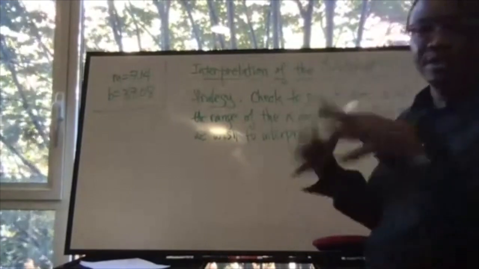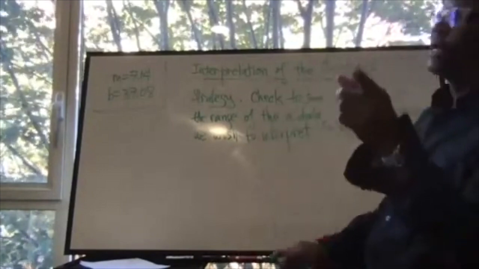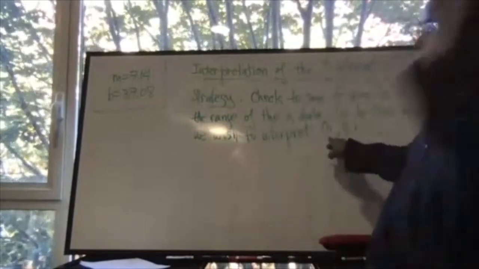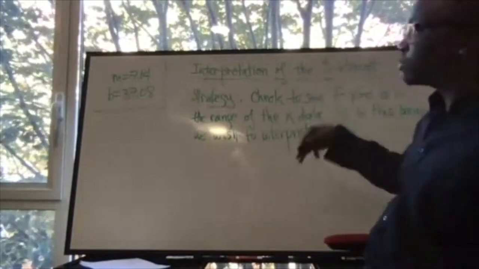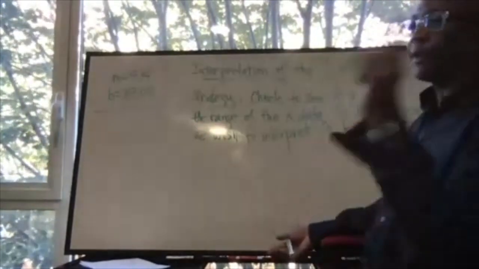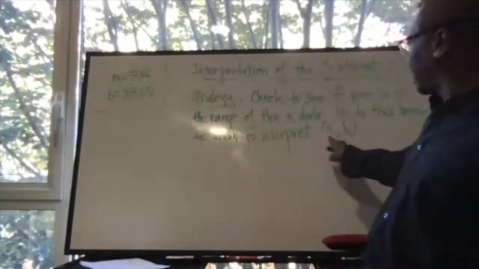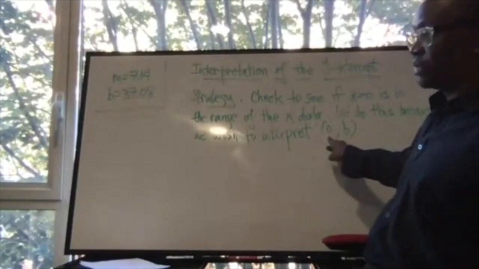We wish to interpret 0, comma, b. So the first thing I have to think about is this x equals 0 all the time. Because in general, 0, comma, b tells me the y-intercept. So before I offer any interpretation, I have to make sure that this x equals 0 makes sense.